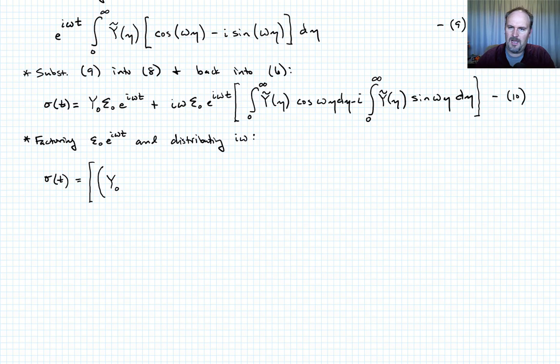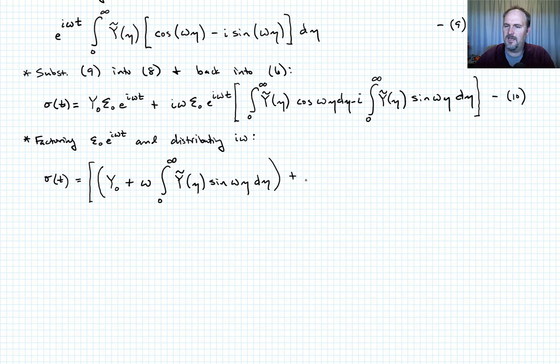But when I multiply i omega times the second integral, i times i is i squared, which is -1, which cancels out the negative there. So I'm left with a real. So this becomes plus omega integral from 0 to infinity of y tilde of eta times the sine of omega eta d eta. Okay? So that's the real term.